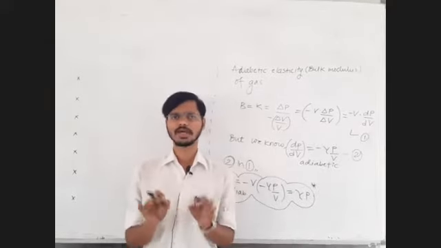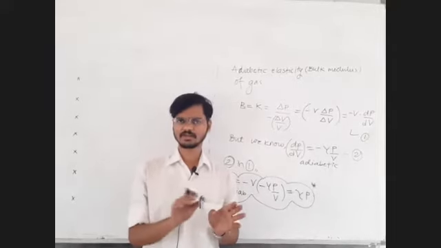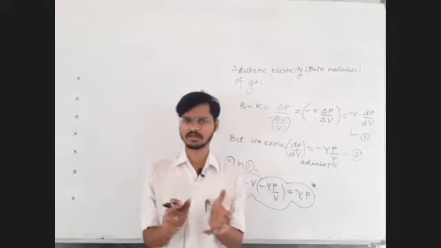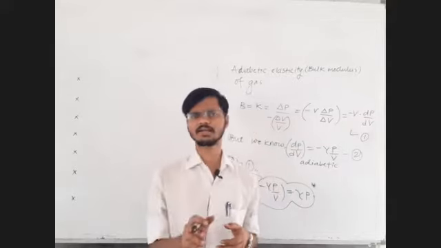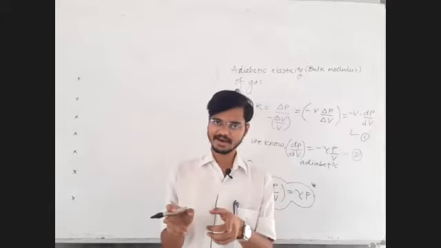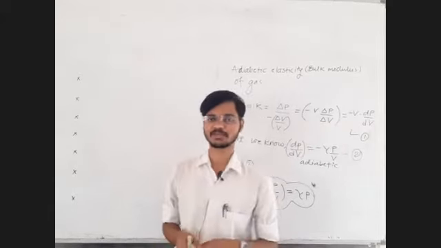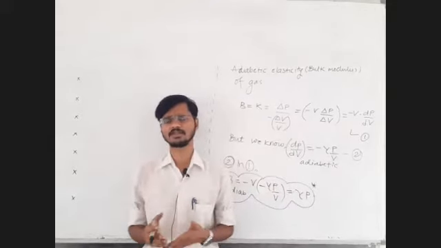So nRT ln V2 upon V1, instead of 2.303 nRT log to the base 10 V2 upon V1. Fit it into a rhythm, that makes things easy to remember.